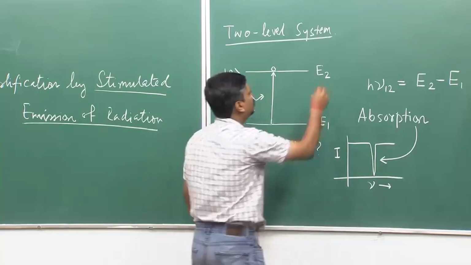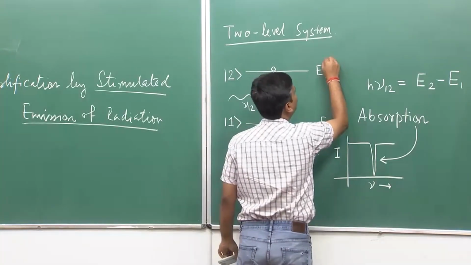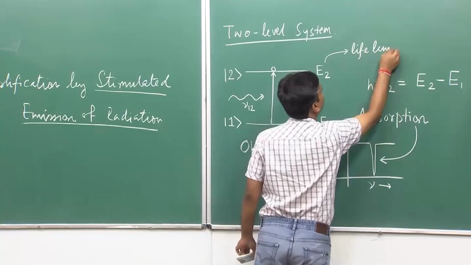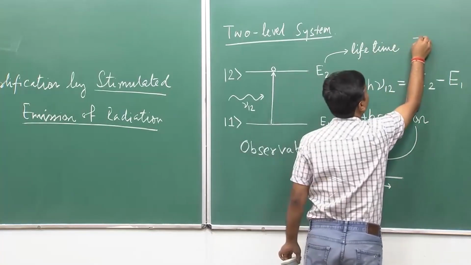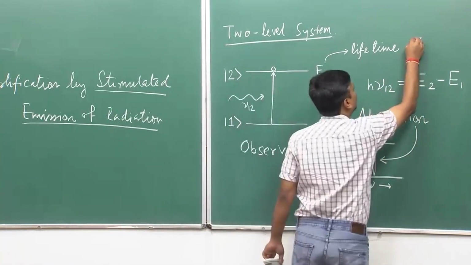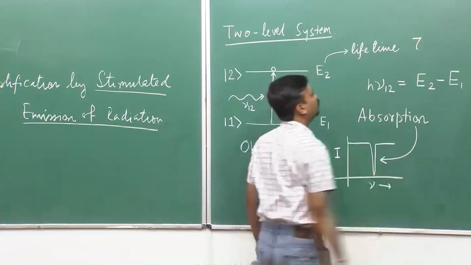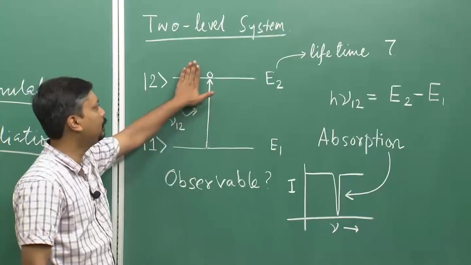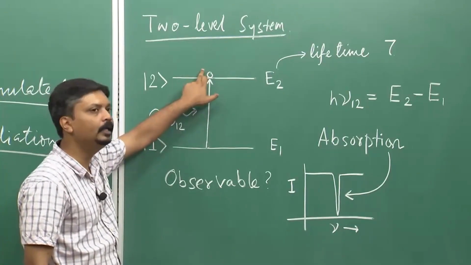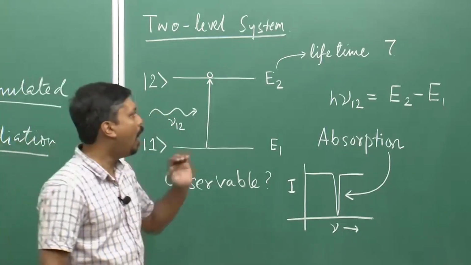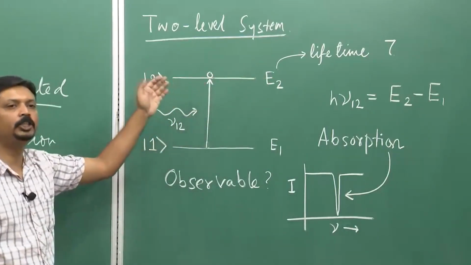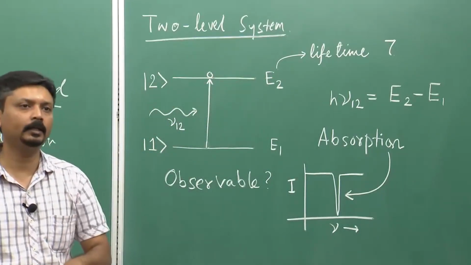Okay. And so this state is associated with lifetime, which is normally denoted by this tau. Okay. So this tau amount of time is the maximum amount of time for which the molecule, or atom, can stay here at level 2. After this time tau, the molecule is going to jump back to the ground state, that is state 1.